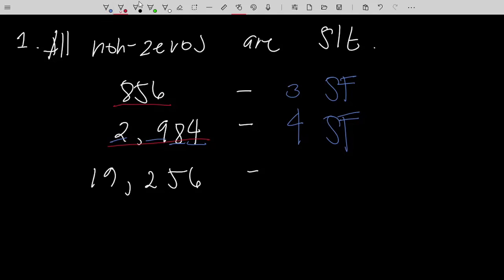First, count all the non-zeros: 1, 9, 2, 5, 6. They are all non-zero, so count them down. We have 5 significant figures because all of them are non-zeros.